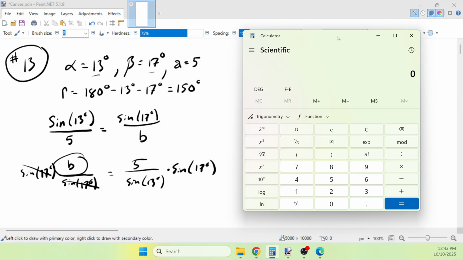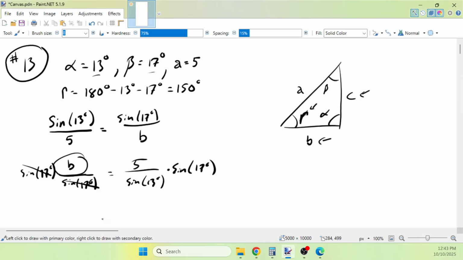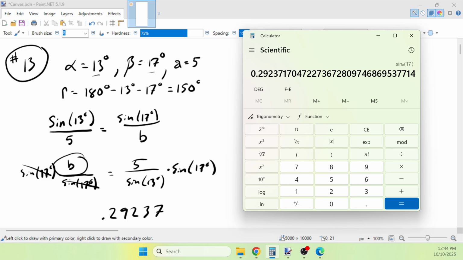So I want to take 17 degrees right now. I'm going to take the sine of that, and copy that.